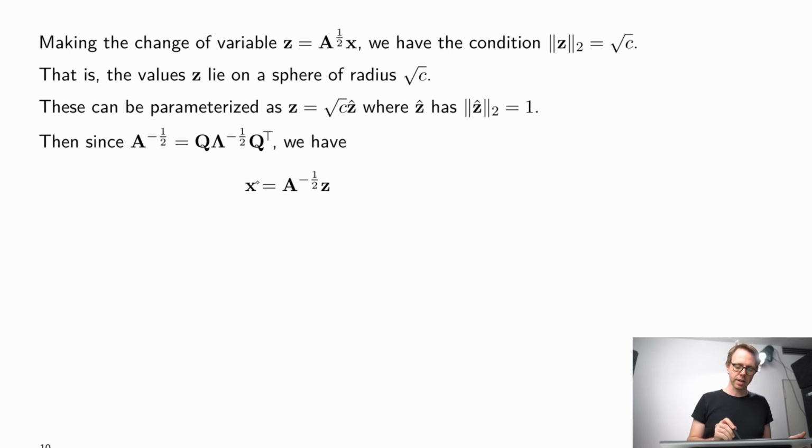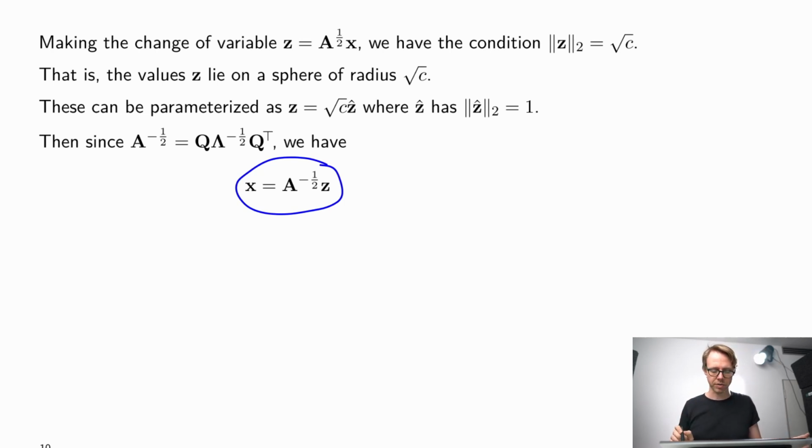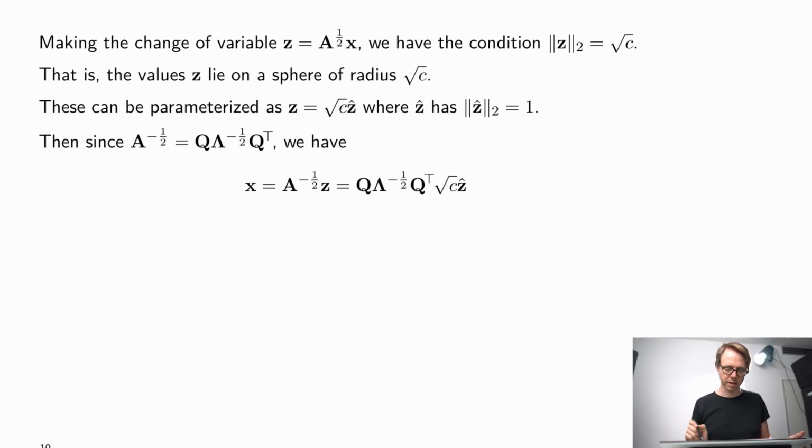We can, from c, get x back. So x equals a to the power of minus 1/2 times c, so it's the square root of the inverse of a times z.